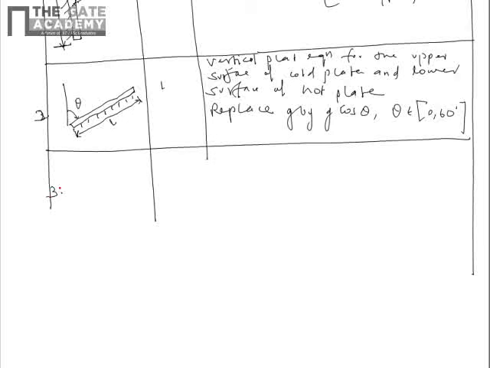The third condition is a horizontal plate. Let us say this is my horizontal plate and its length is L. For the upper surface, let us say its temperature is Ts and the surface is hotter than the surrounding.